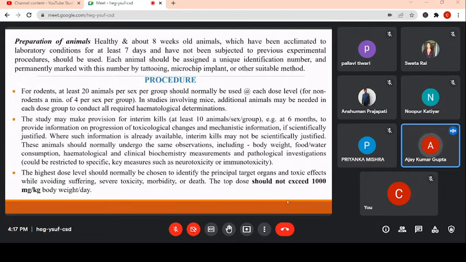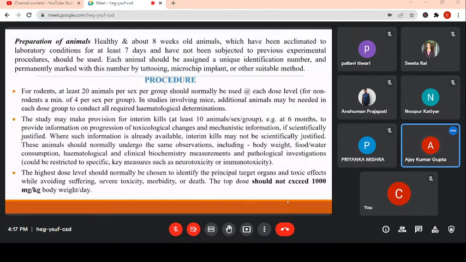Each animal should be assigned a unique identification number. That is also well known to you, but here a lot of advancement is there in the unique identification number. It could be done with a permanent marker, but because this is the maximum duration study, the marker may sometimes not last for such a long duration.